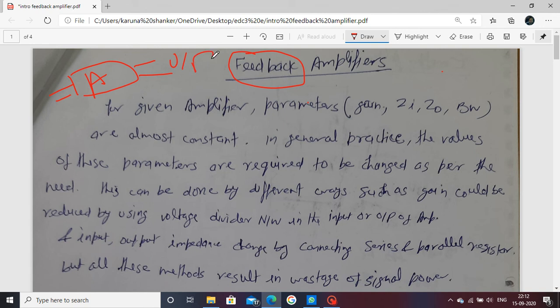Some portion of your output signal is returned back to the input side, meaning some fraction of your output comes to the input side. It may be added to your input signal or subtracted from your input signal, meaning this connection is formed as a feedback. This connection forms a feedback, or a closed loop. This is a closed loop.